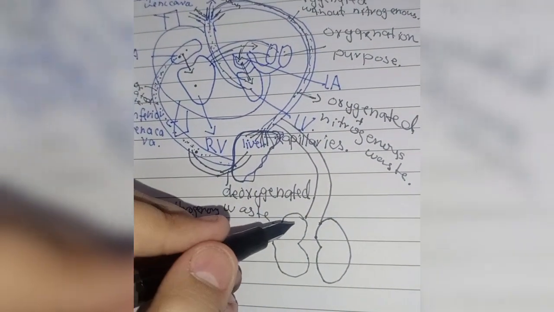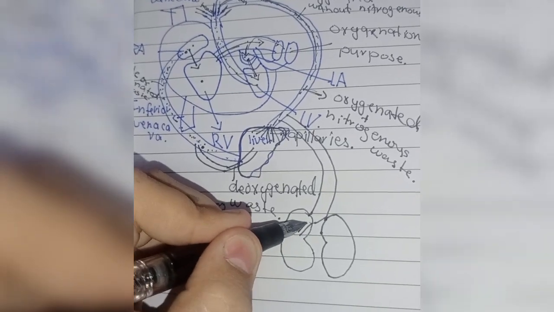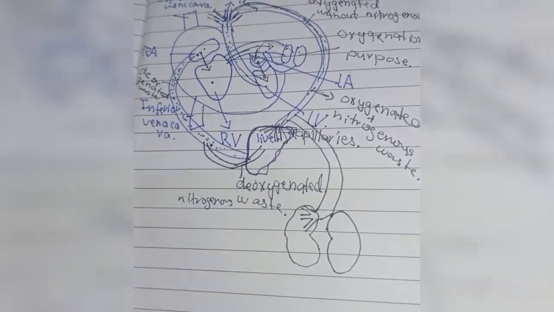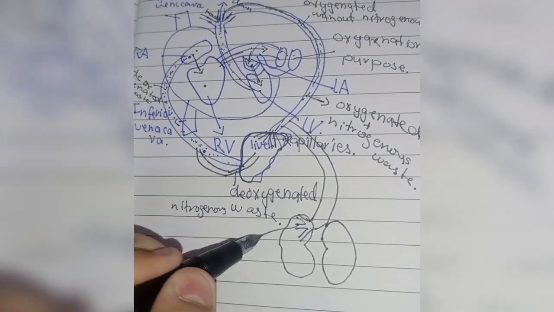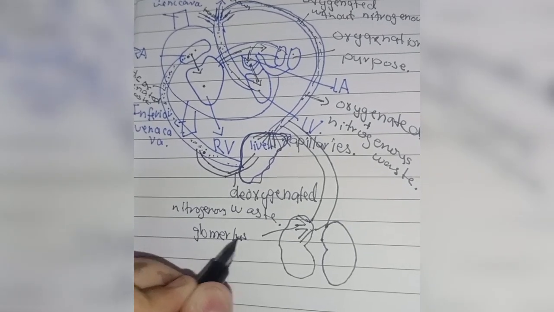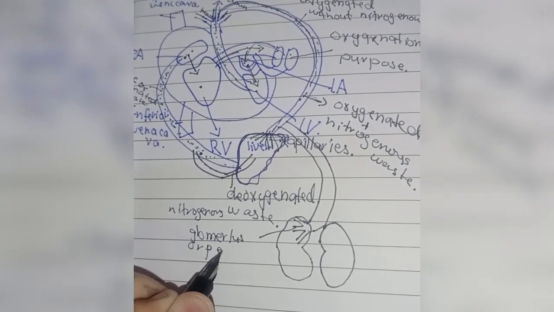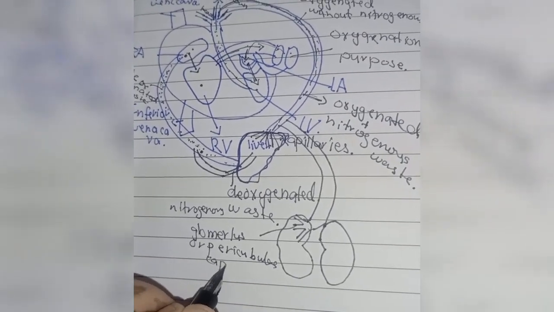So in the kidney, it will move into the capillaries, not vein, not artery, into the capillaries, and in the kidney these are known as glomerulus or the peritubular capillaries.